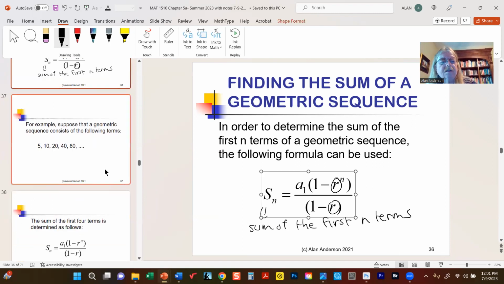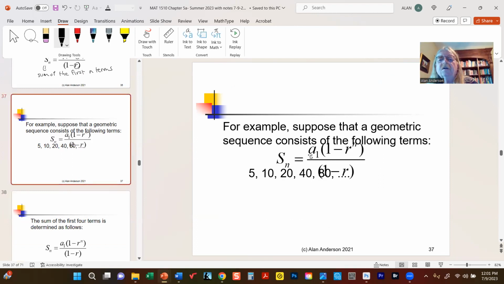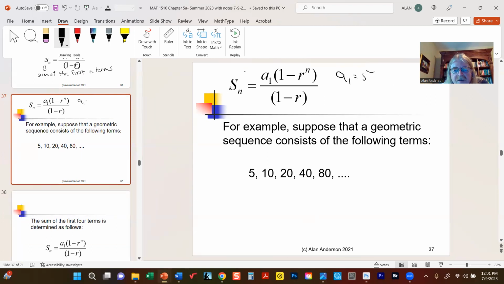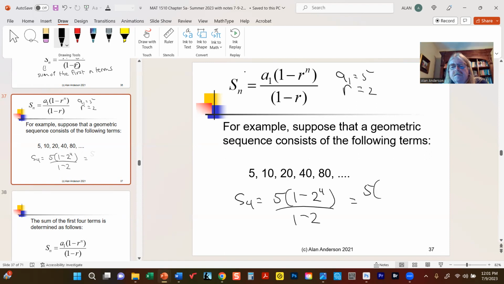Let's say we're looking to sum up the first 4 terms of this clearly geometric sequence. Okay, how do you know? Because the first term is 5, which tells us nothing, but the common ratio is clearly 2. In other words, to get from 5 to 10, we have to multiply by 2, 10 to 20, etc., etc. So S4 would be 5, 1 minus 2 to the 4th, over 1 minus 2. 2 to the 4th is 16.